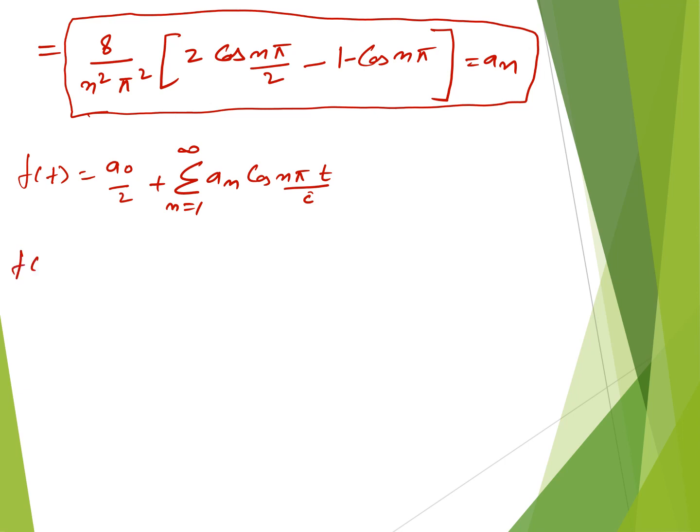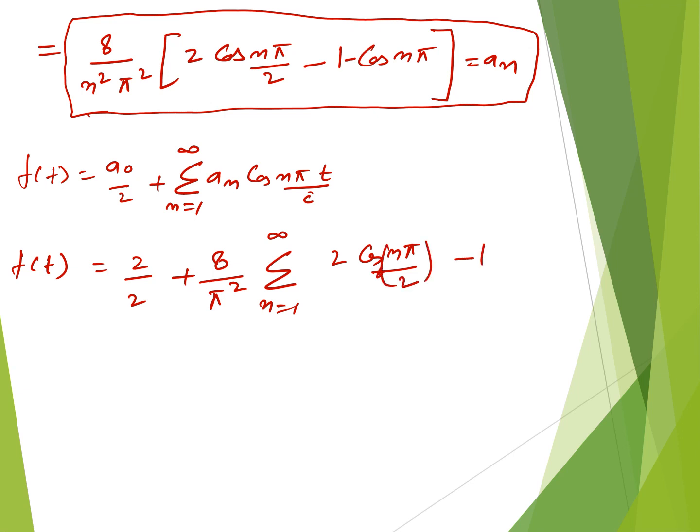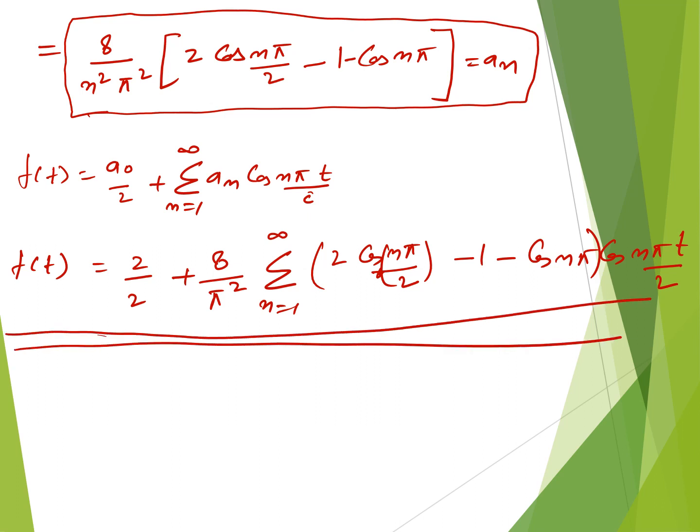Now substituting the value, we get f(t) is equal to, the value of a0 is 2, so 2 upon 2 plus 8 upon pi square is common, and the summation n is equal to 1 to infinity 2 cos n pi by 2 minus 1 minus cos n pi into cos n pi t upon 2 is the Fourier series for the given problem.